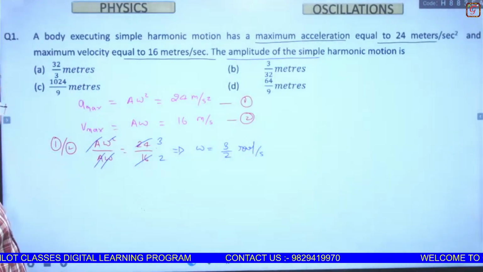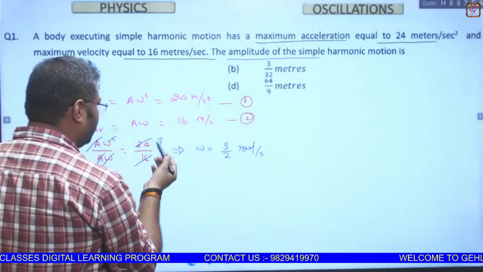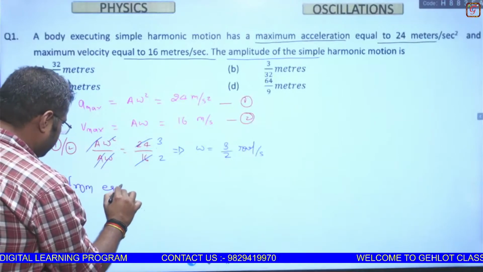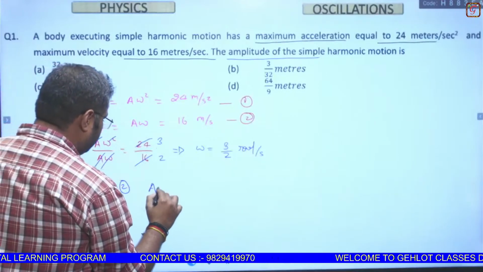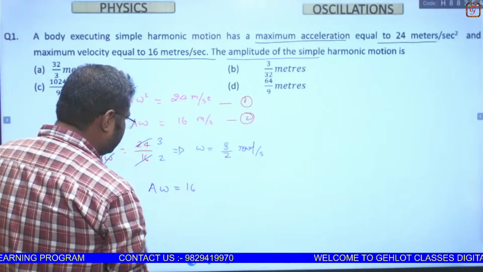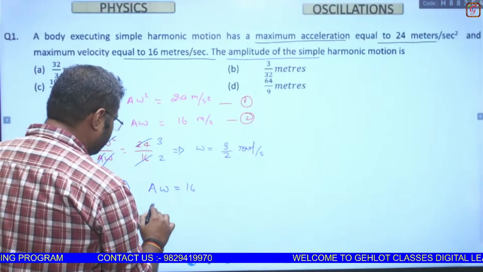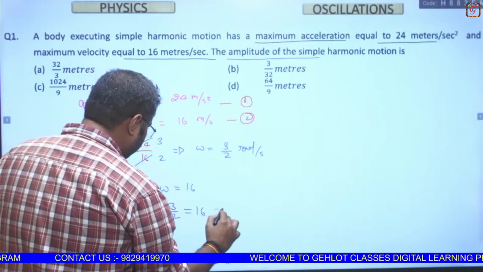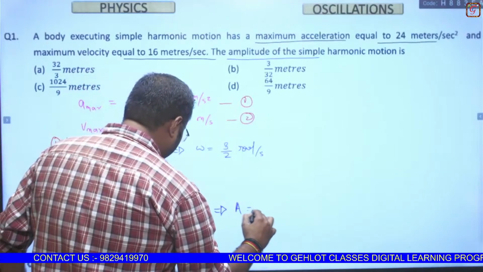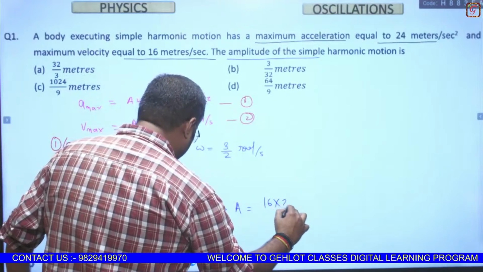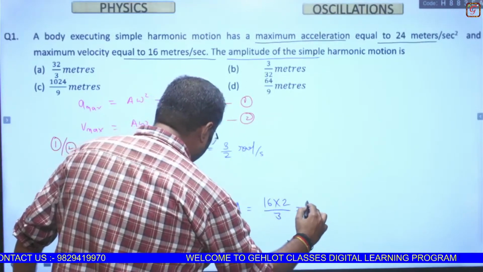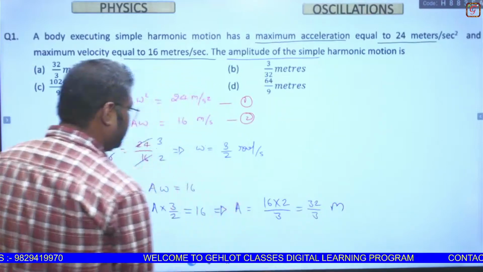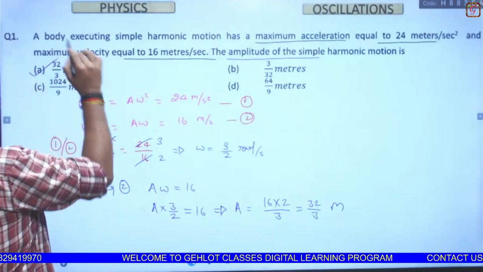Now substitute the value of omega in equation number 2. From equation 2, A omega is equal to 16. So A into 3 by 2 is equal to 16. So the value of A will become 16 into 2 divided by 3, which is equal to 32 by 3 meters, and option A is correct.